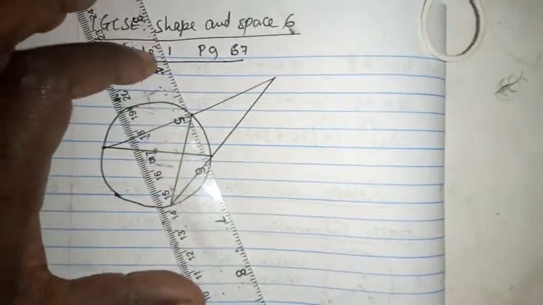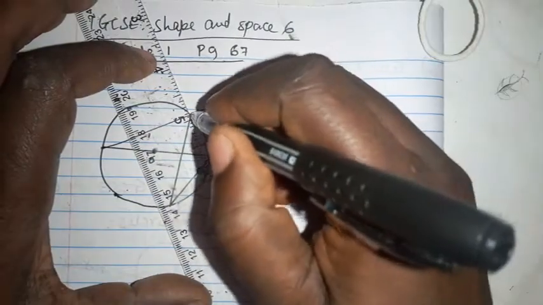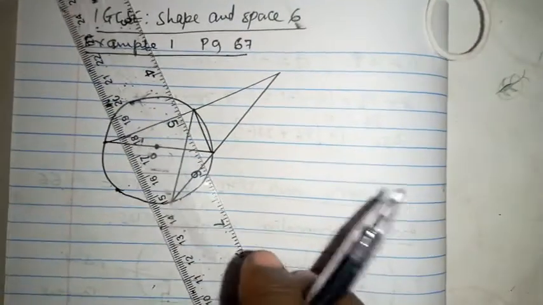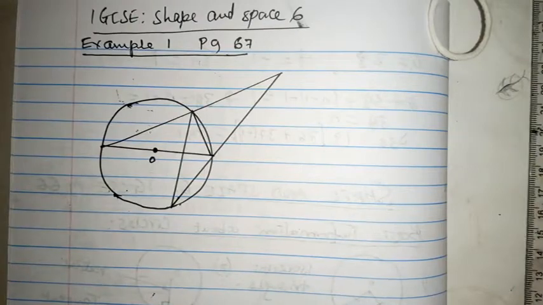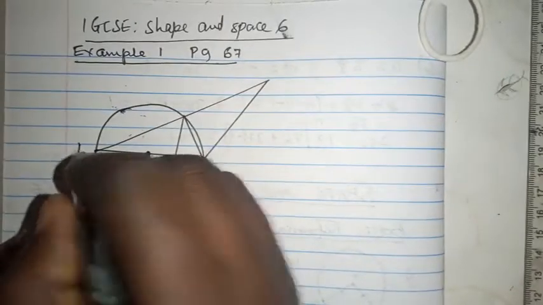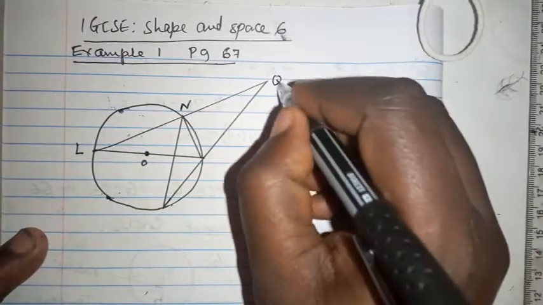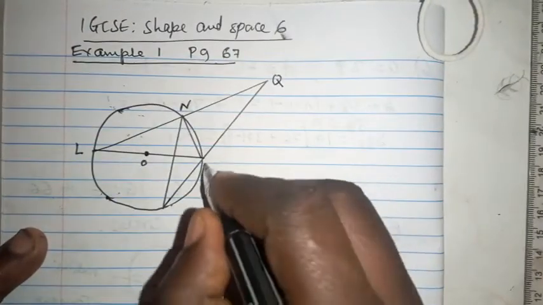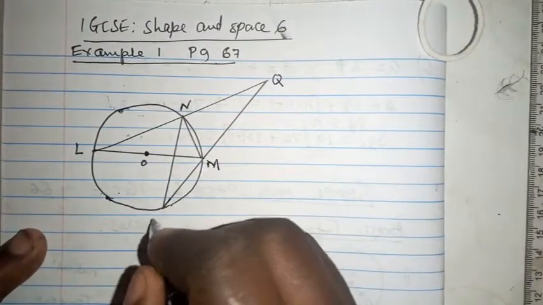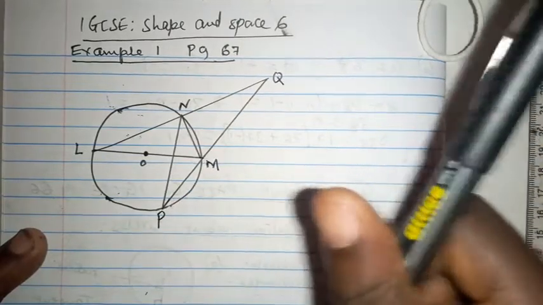And of course, there is a small chord here that completes the diagram, and this is L, N, we have Q, M, and P. We have O there.